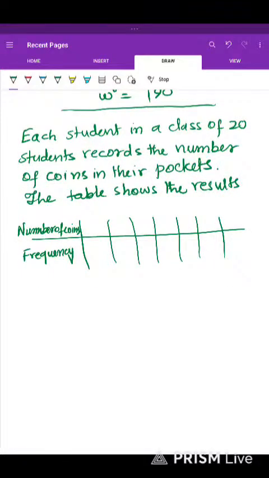So let us look. Frequency 3 means 3 students have no coin, right? 1 student has 1 coin. 7 students have 2 coins. 8 students have 3 coins. No student has 4 coins. No student has 5 coins. 1 student has 6 coins. So this is how this data is presented, right?